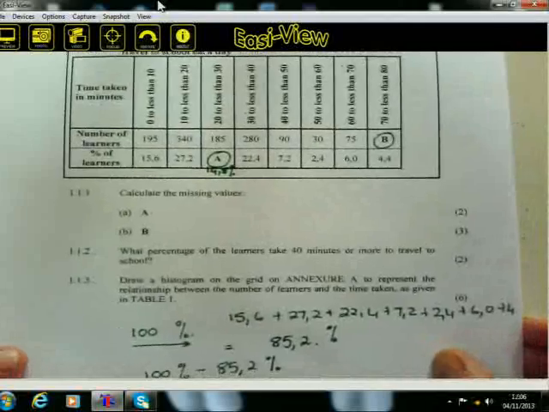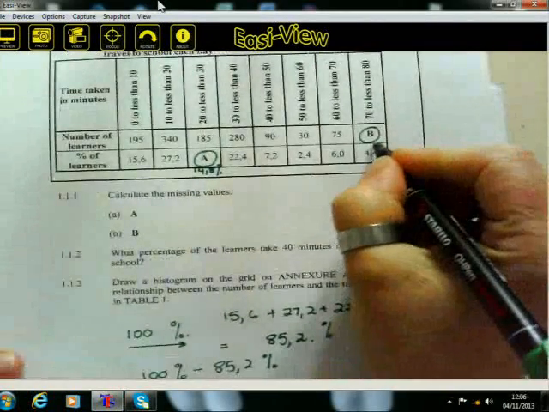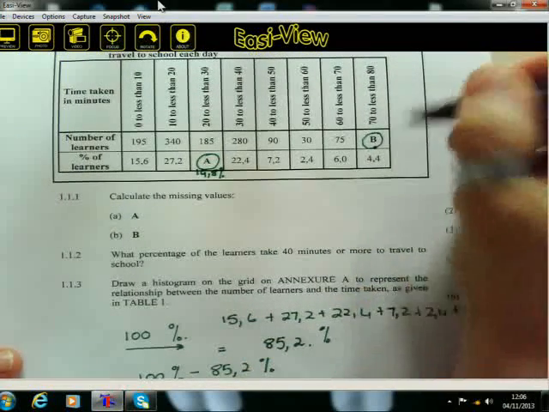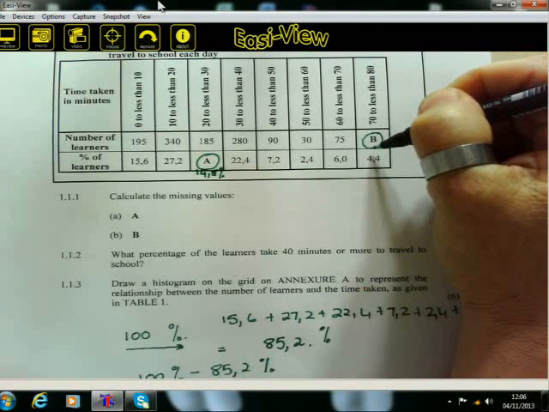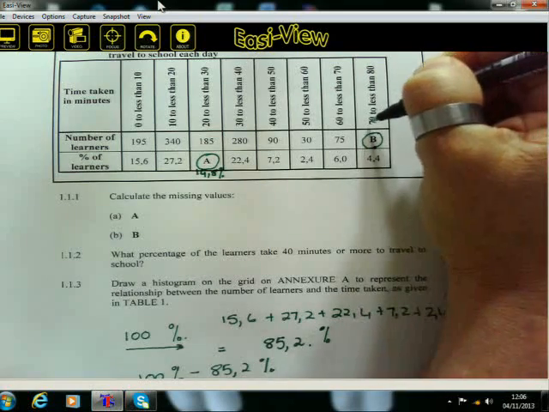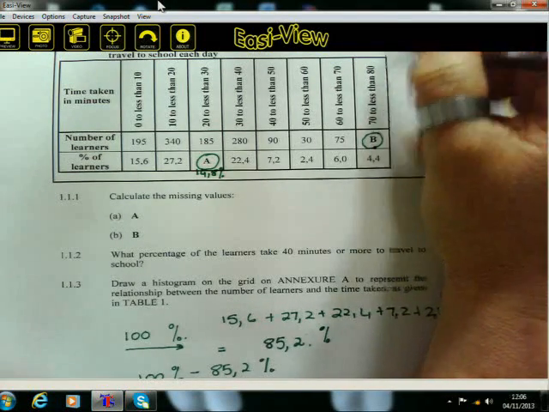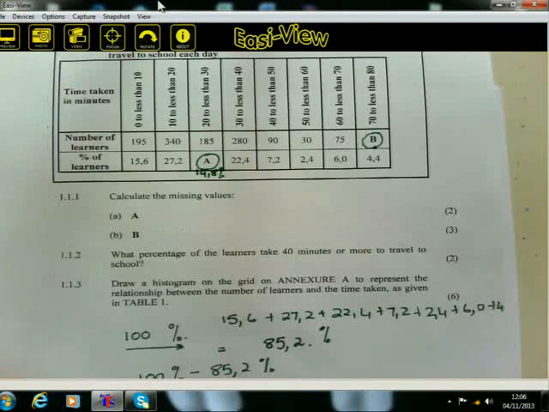Calculate the missing value of B now. This is going to be a number of learners that we must calculate. As a matter of fact, it is the number of learners that takes 70 to less than 80 minutes to come to school. Okay?